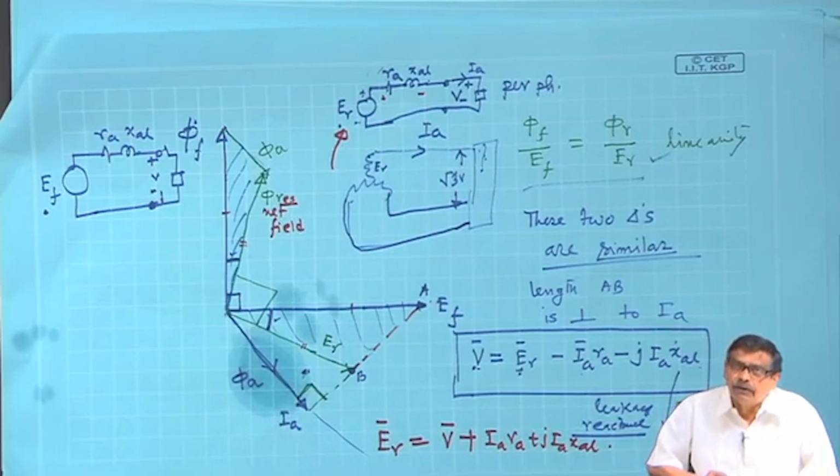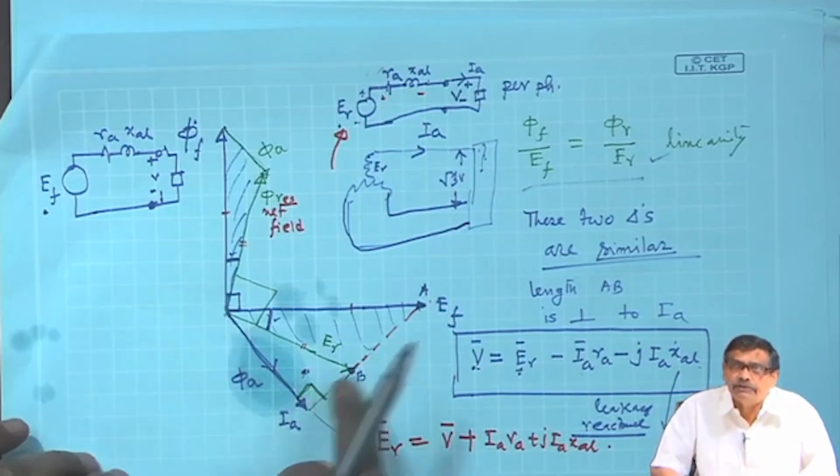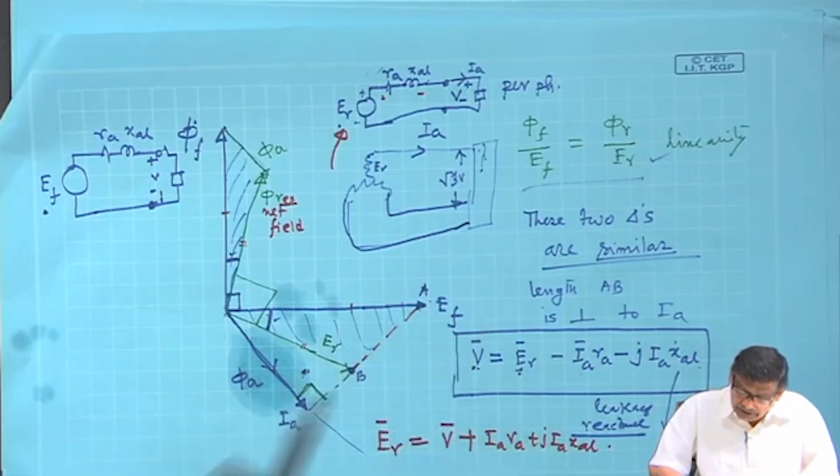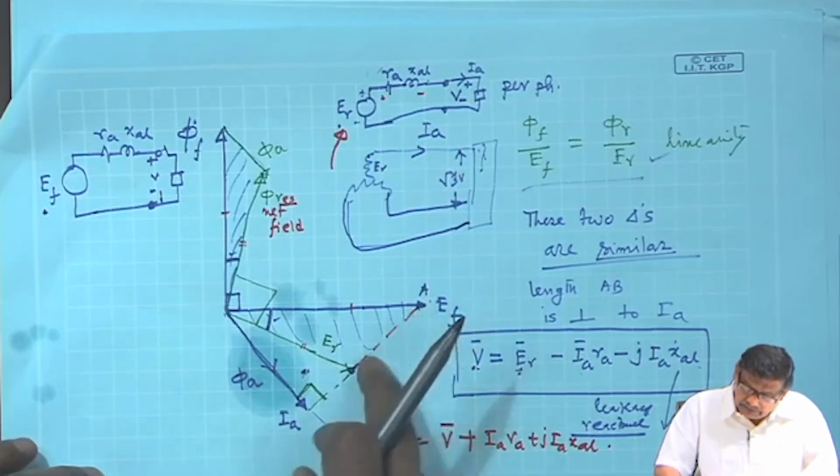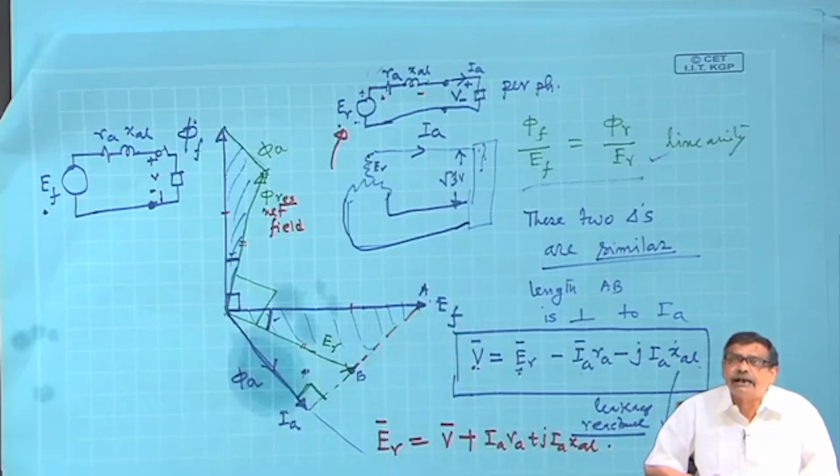Therefore, we can assume that the change in voltage from E r to E f can be considered to be a reactance voltage drop.